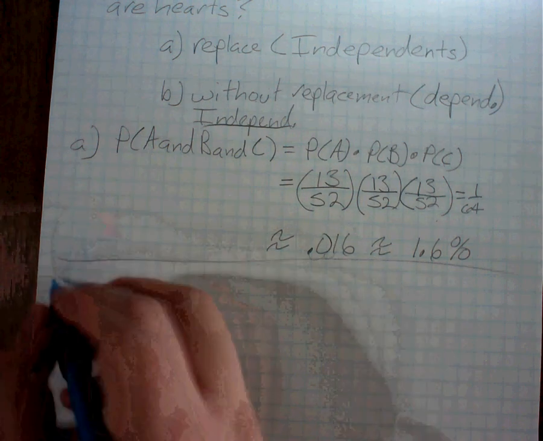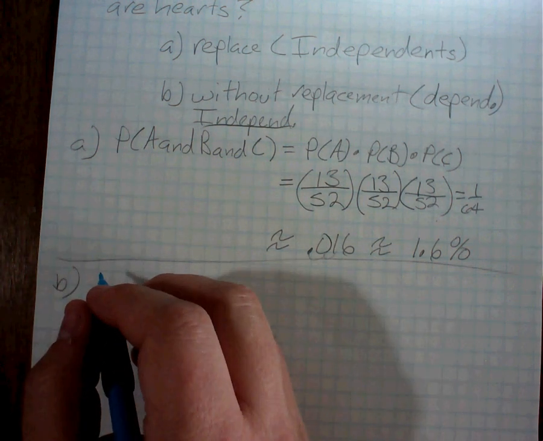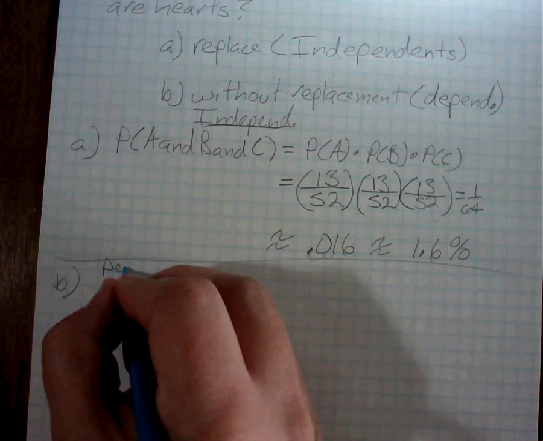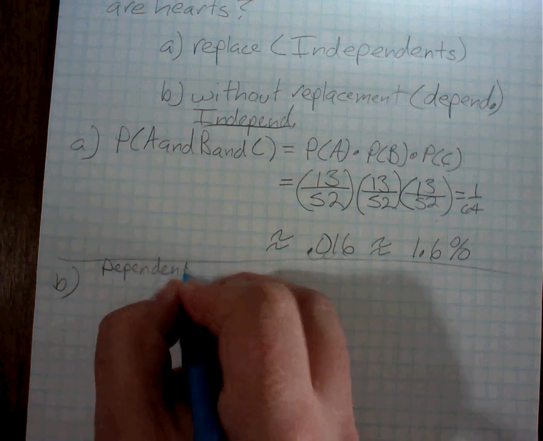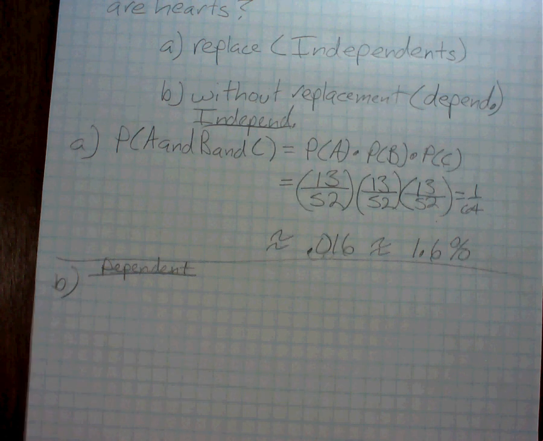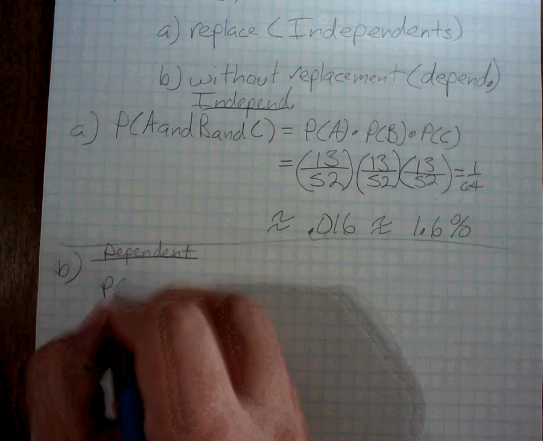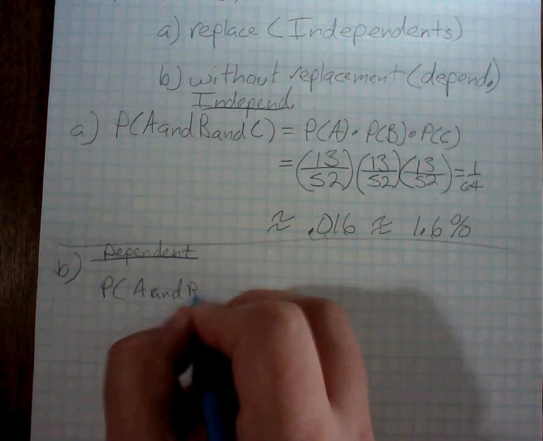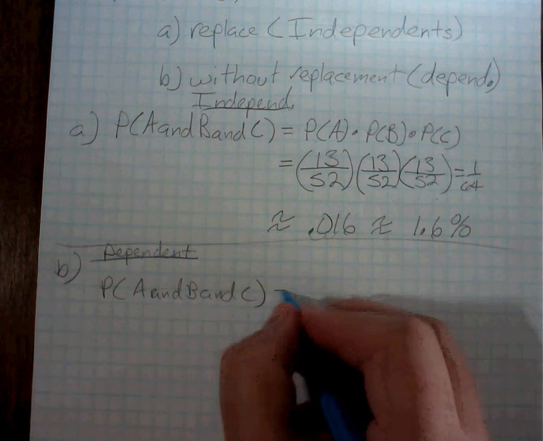Now, for part B, this is a little trickier because we're not putting it back in. So, this is for a dependent event. When I pull out that first card, now I have different cards. That changes the probabilities. And so the probability of A being hearts and the second card being hearts and the third card being hearts, now that formula is a little different.